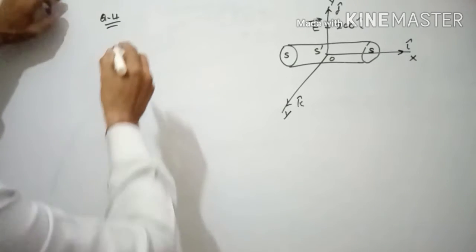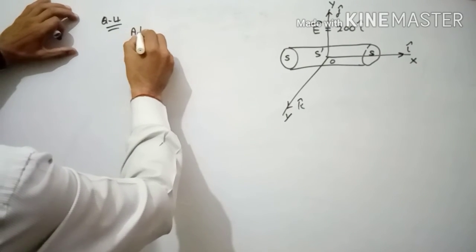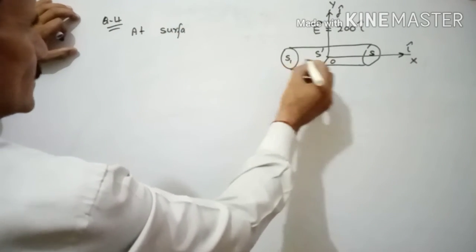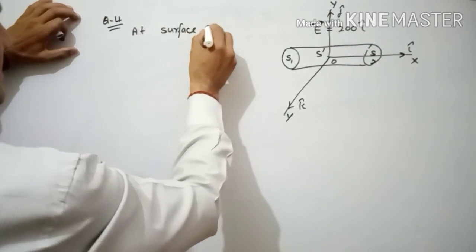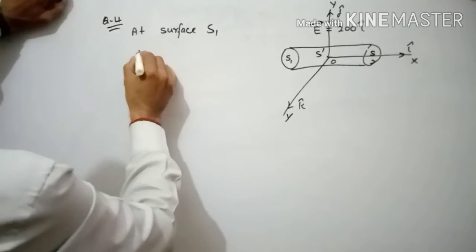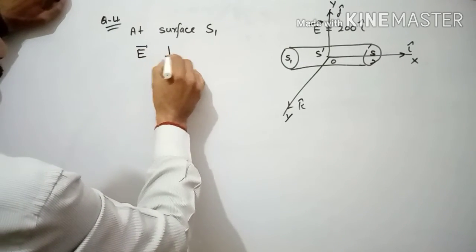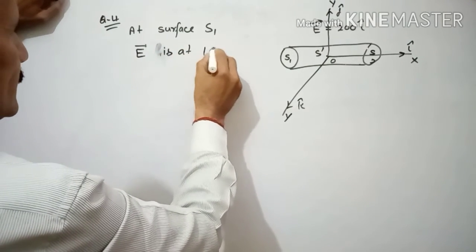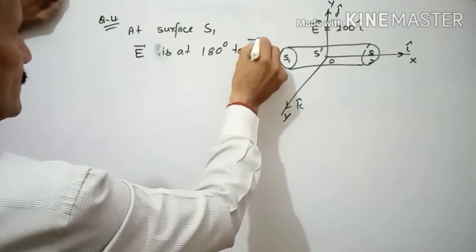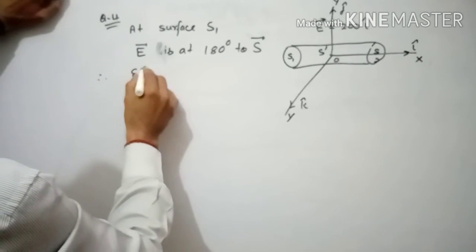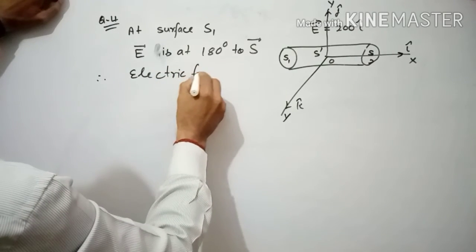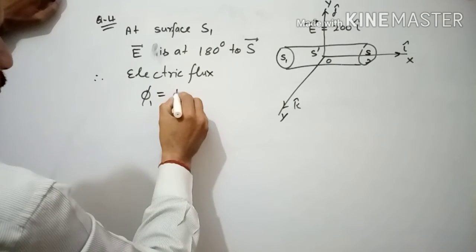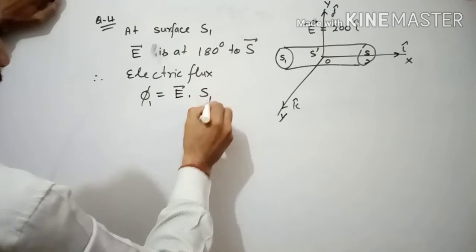So number one, at surface, suppose it is S1, S2, at surface S1, E is just opposite, E is at 180 degrees to S. Therefore, the electric flux, suppose we write it as phi 1, is E dot S1.